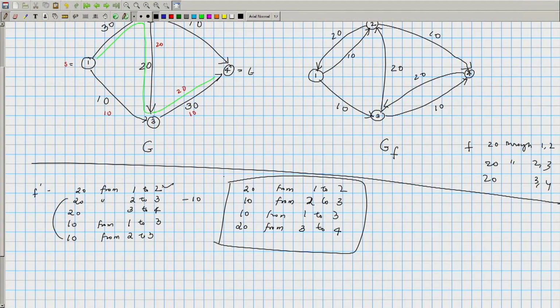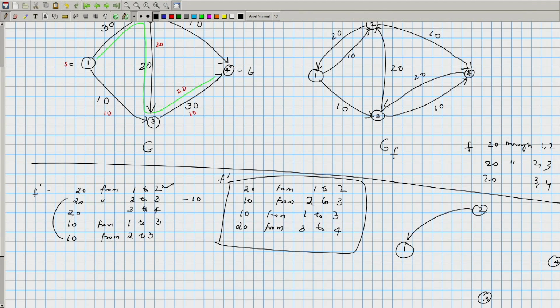Now, corresponding to this new flow f prime, we can again compute the residual graph that will essentially be of the following form: from 1 to 2, okay. So, 1 to 2 there was a flow of 20, okay.